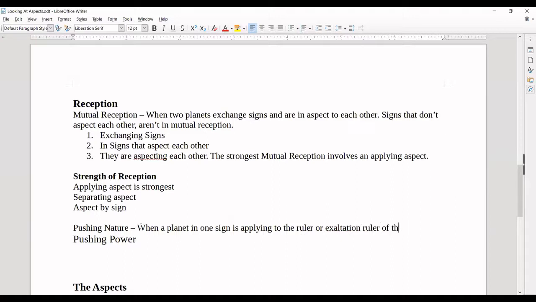Sorry, that goes here. That's pushing power, what I just did, and that should have been next. So pushing power is when a planet in one sign is applying to the ruler or exaltation ruler of that sign. And I'm going to bring up Heidi Fleiss again so that you can see that.